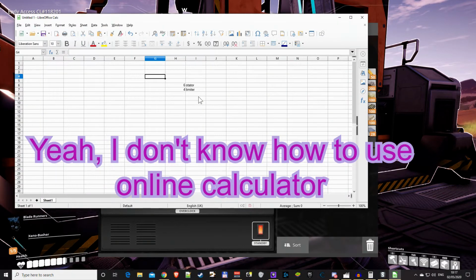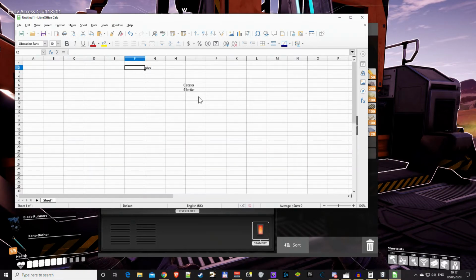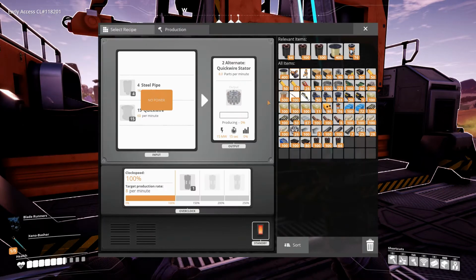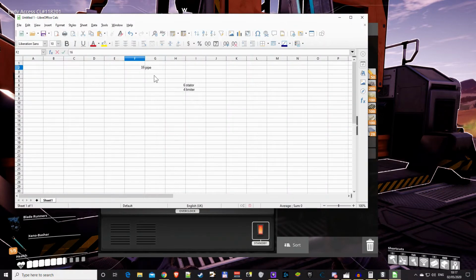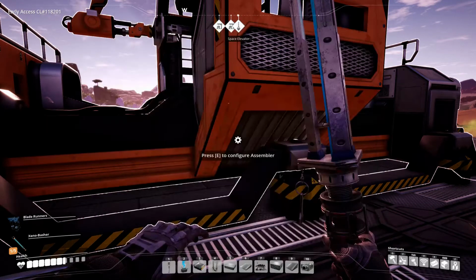Let's just take pipe. Quick wire 60. We'll push down the multipliers through the ranks.